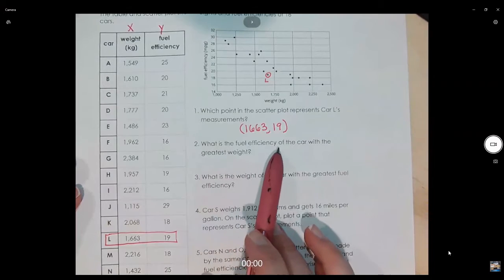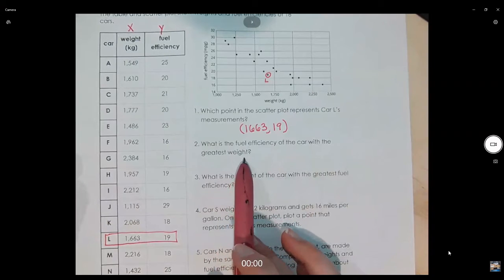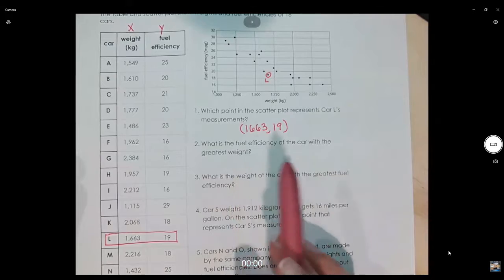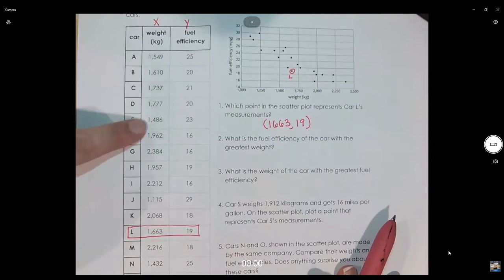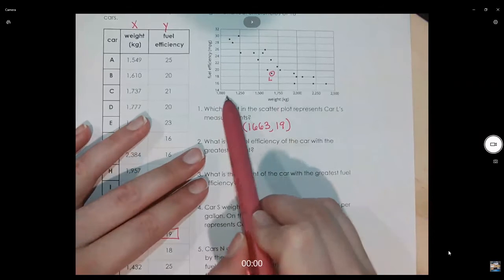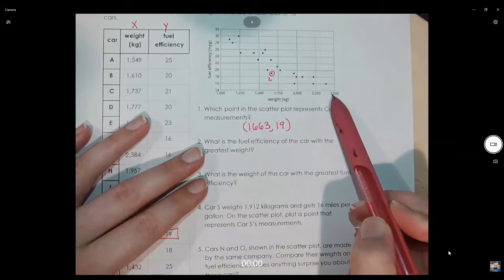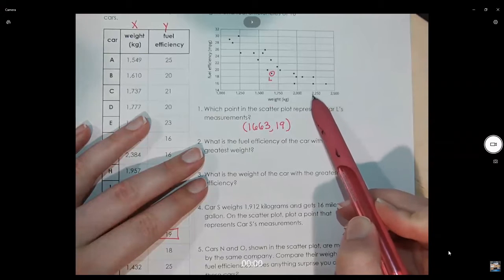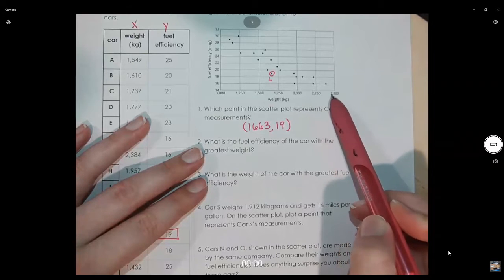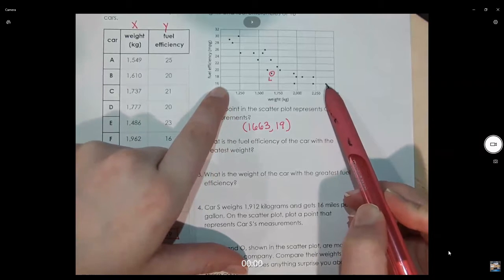What is the fuel efficiency of the car with the greatest weight? So we want to look through and figure out where our greatest weight is. We could look through our table and find the largest number, or we could look at our graph and say, okay, the largest weight is going to be somewhere over here. So we see this number, and it's approximately halfway between 2,250 and 2,500, and it happens when the fuel efficiency is 16.